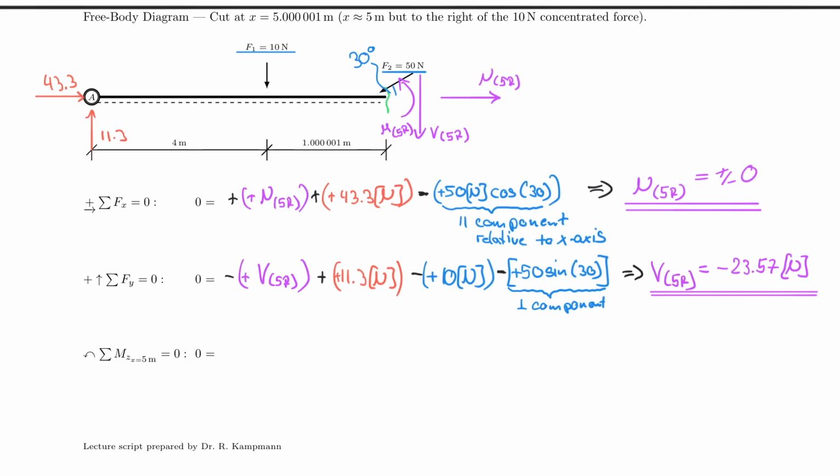But before, let's find our last unknown here, which is the moment at 5 to the right. And that by definition is positive, but also it's rotating counterclockwise, therefore that is positive. Now I include my 11.3 Newton, and that is positive, of course, but it's also multiplied by 5.0001 meters.